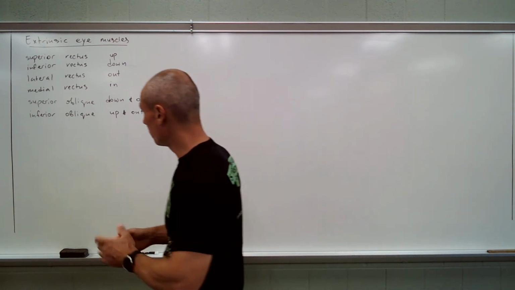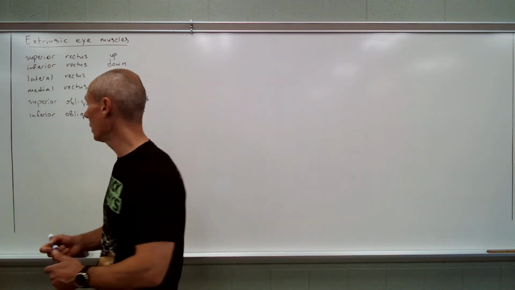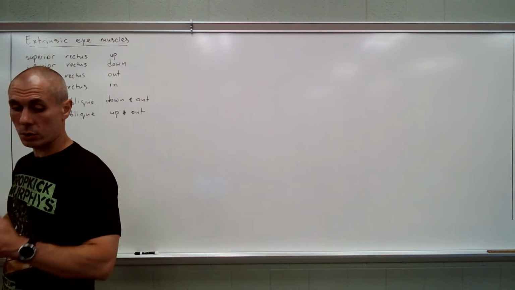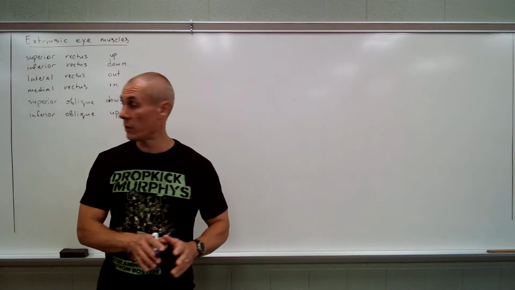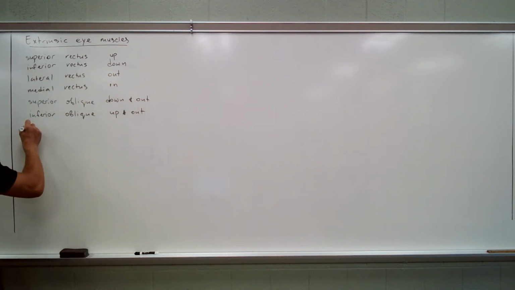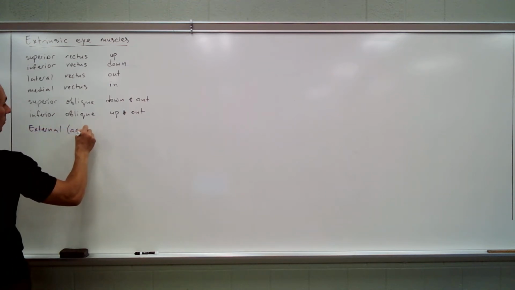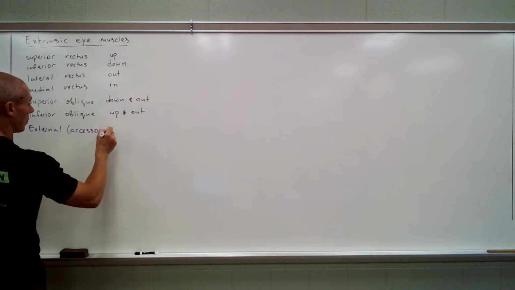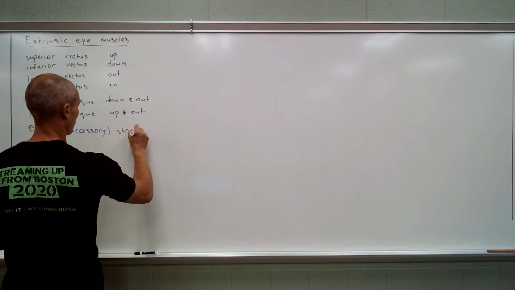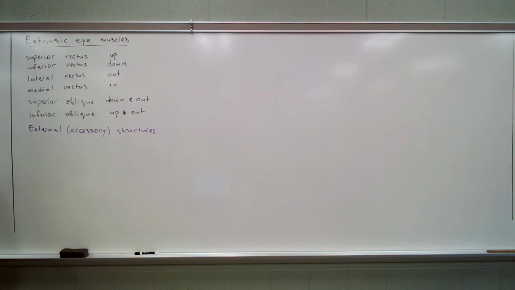Okay, next what we're going to talk about are so-called externalized structures, which are kind of boring. I'm not going to spend too much time on that. Okay, so a few structures here.